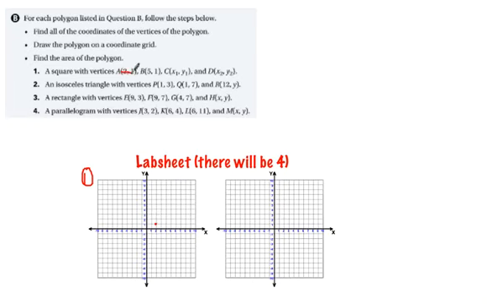I'm going to cross that one off because I've done it. Then I'm going to label this one A. I'm going to do B. Again, start at 0, go over to 5, up to 1, plot my point. I'm going to label it B. Now my job is to figure out where do C and D go. Again, keep in mind all sides on a square are equal.